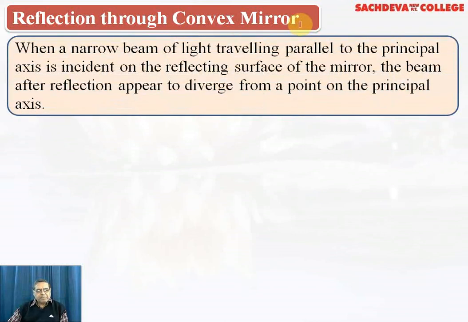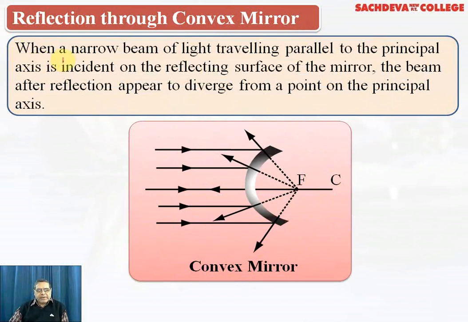And now we come towards the reflection through a convex mirror. In the convex mirror, the polished surface is the same as in the concave, but the bulging or the curvature of the mirror will be to the opposite side. In the figure, the shaded region is the polished surface and the parallel lines are striking the reflecting surface.